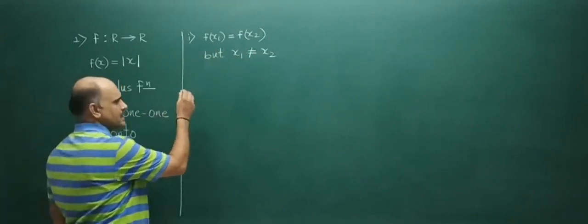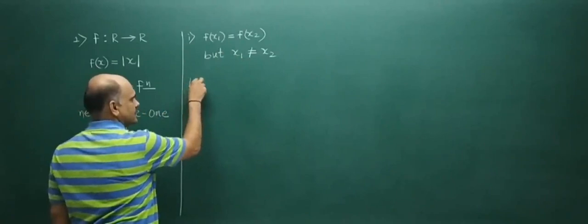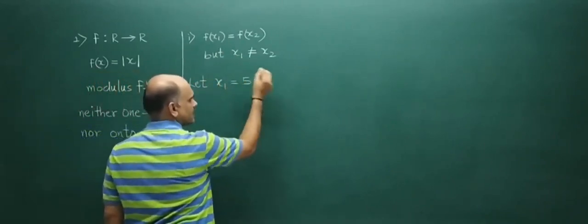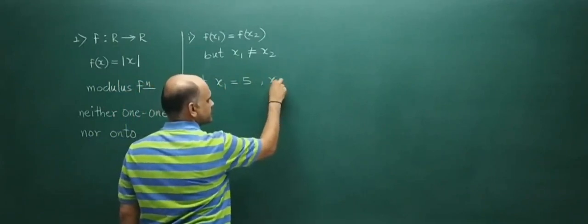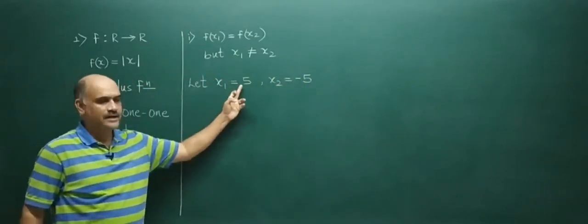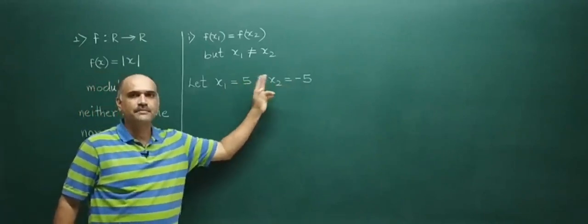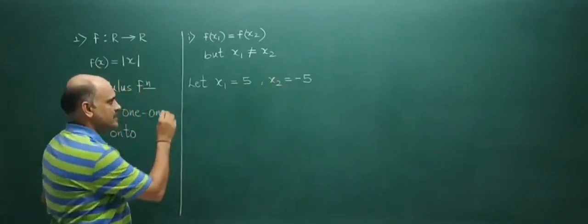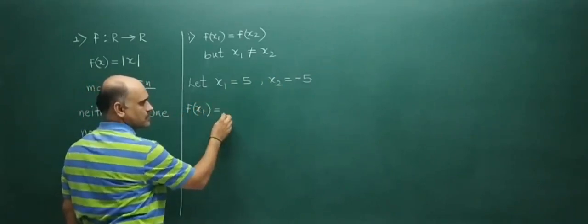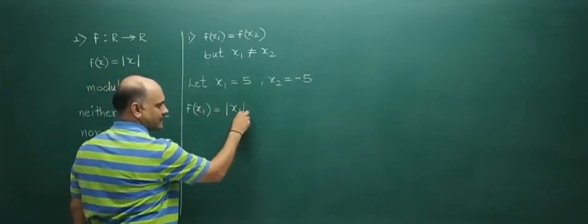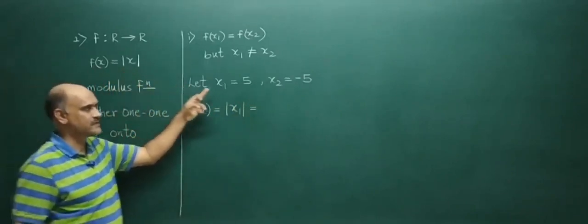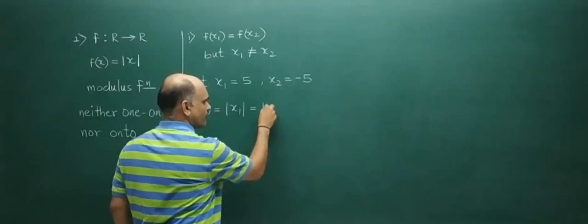So for example, any number, I will take, let x1 is equal to 5, x2 is equal to -5. So if you take one number, for the second take the same number with a minus. So f of x1 is equal to mod of x1, by definition, that is mod of 5.